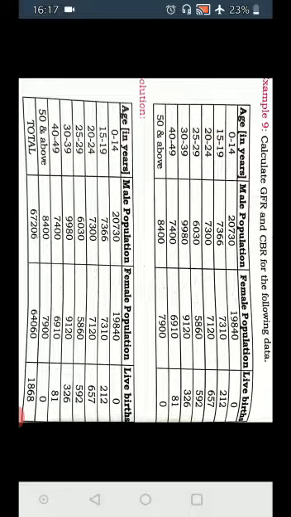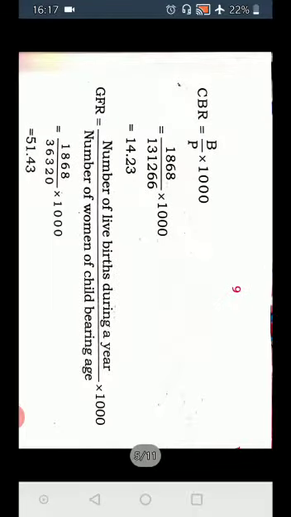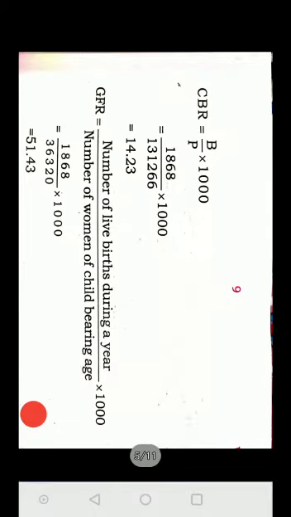So when you total, the value is going to remain the same, and here for GFR you are taking only from 15 to 49 years, and that total is going to be 36,320. So you simply substitute the values in the required formula and you get the answer, that is 1868, which remains the same in both cases.